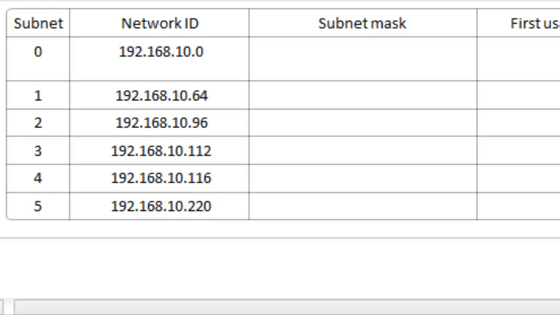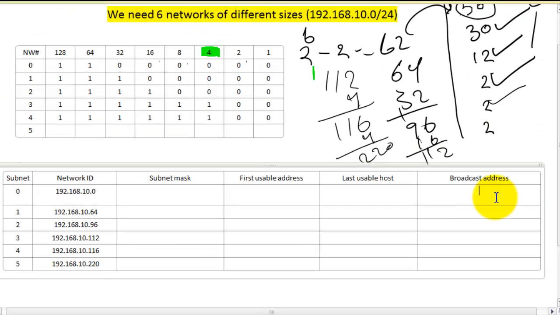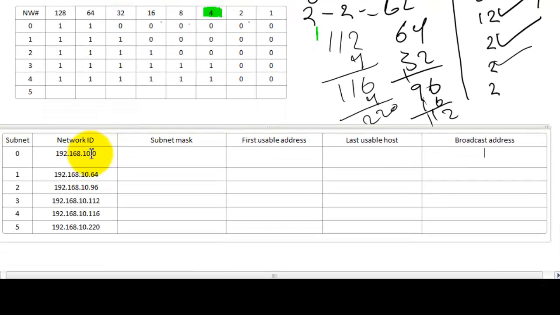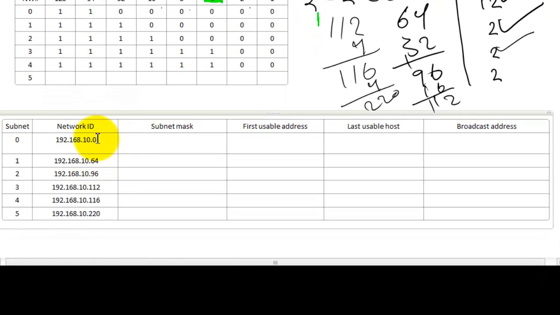Okay, so now we have all the network IDs. Now let's start backward from here, the broadcast IPs. Okay, here this one from 0 to 64. The network IDs are 0, 64, 96, 112, 116, 220, right?